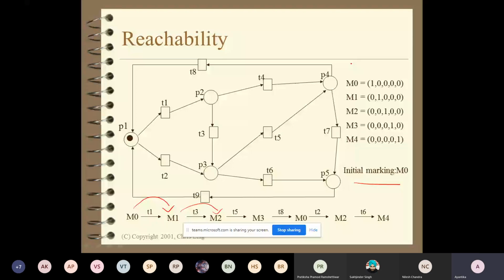Actually, this is not done alone. We will see how this gives us some idea about our boundedness and how it is related to deadlock detection or liveness detection also.